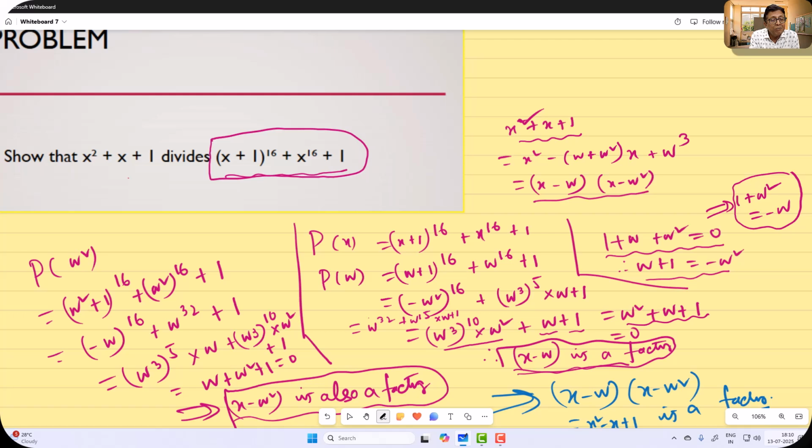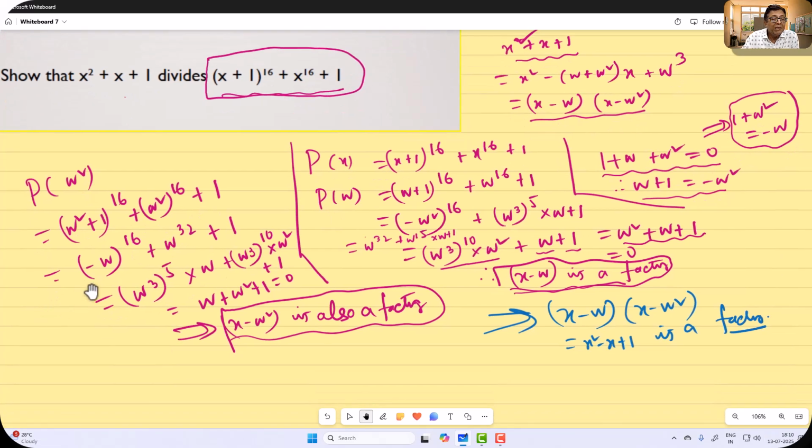Put it there. So this will be minus omega to the power 16, plus omega to the power 32, plus 1. 16 is 15 plus 1, so omega to the power 15 into omega. The advantage is omega cube is 1, we put it there. This is also becoming omega plus omega square plus 1.